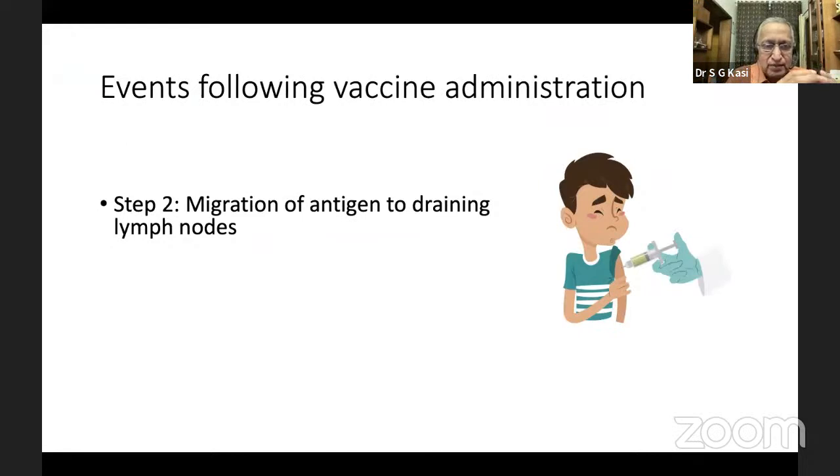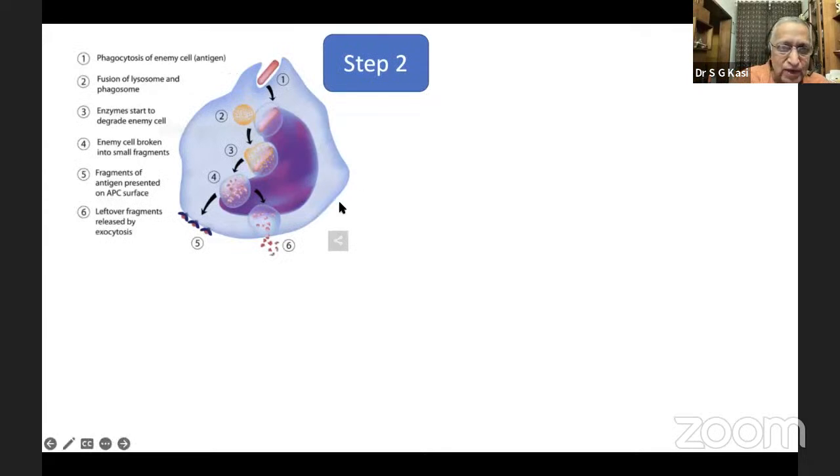The antigen which has been engulfed by the APC has to go to the draining lymph node. So once the antigen is engulfed by the antigen presenting cell, it forms a vacuole called the phagosome. The phagosome combines with the lysosome, giving rise to a phagolysosome.